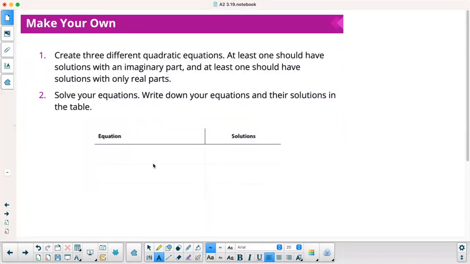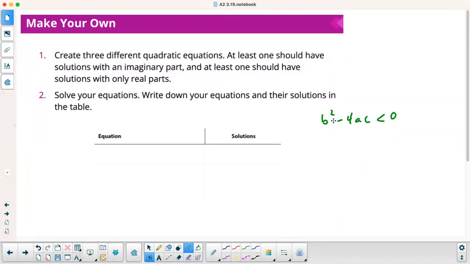Okay, so I want b squared minus 4ac to be a negative number. So I want this b squared to be real small. So I'm going to make b equal to 1, so make it a 1x. And then I'm going to make these positive because I want a negative times a positive times positive. So if I have 1 squared minus any number here with a negative times positive, it'll end up being negative.